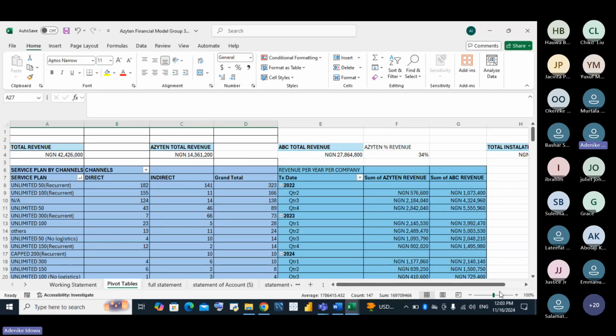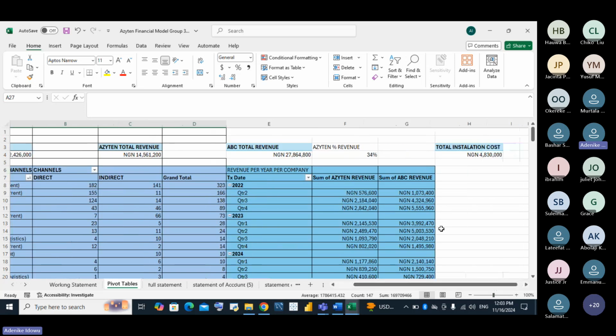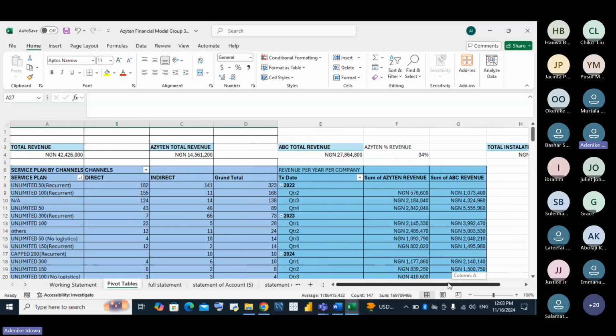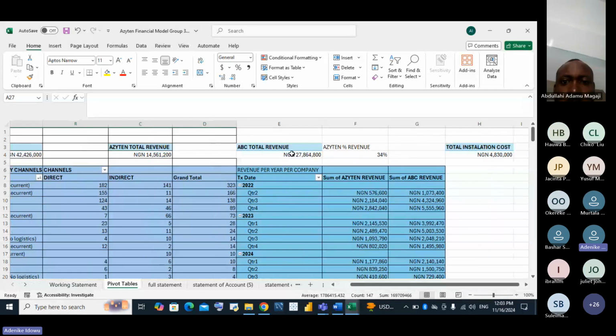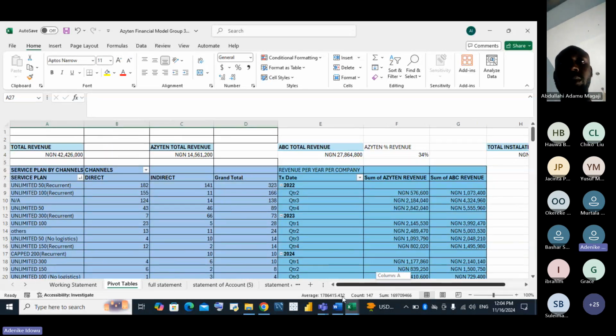So from the total revenue, the percentage given to Azyten is 34%, and we have another one for ABC revenue, with a certain percentage. Then the total installation cost is 4,830,000 naira.